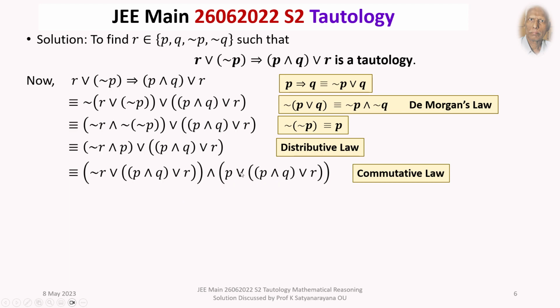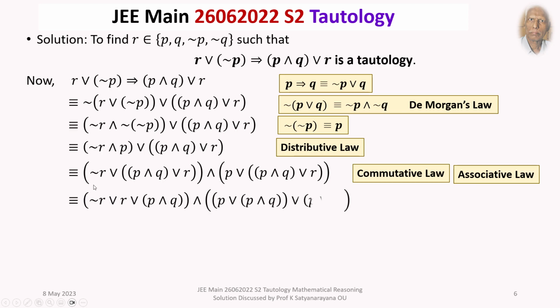Associative law means A or in brackets B or C is equal to A or B in brackets or C. So we use the associative law here, giving negation of R, P and Q.